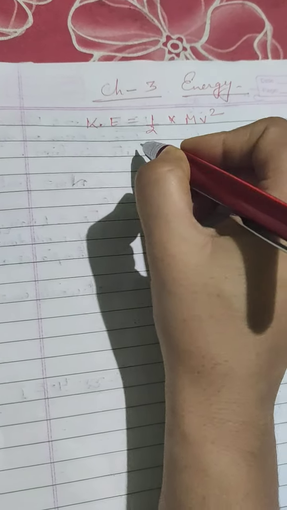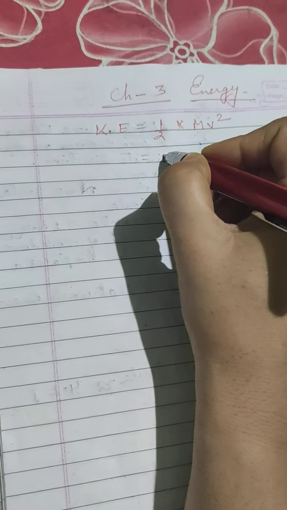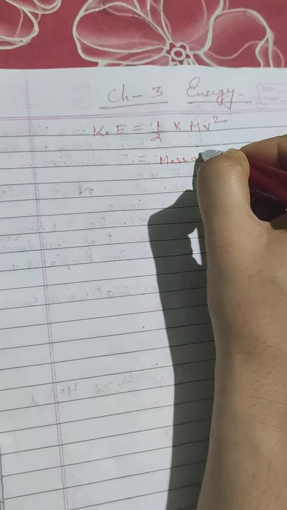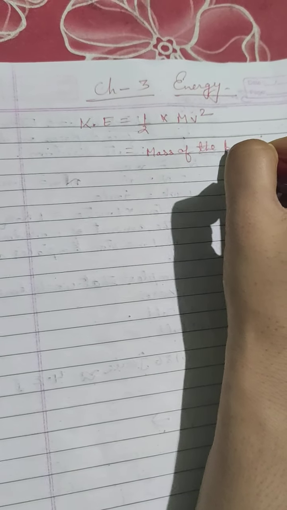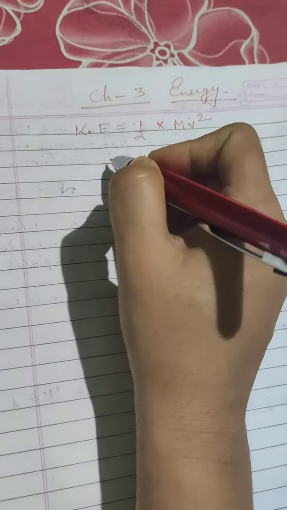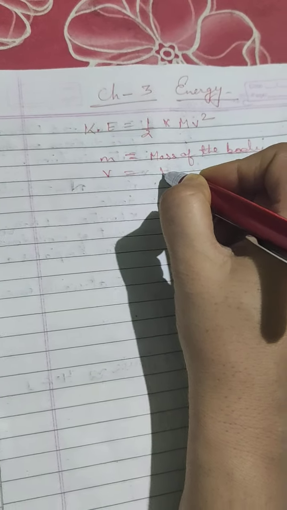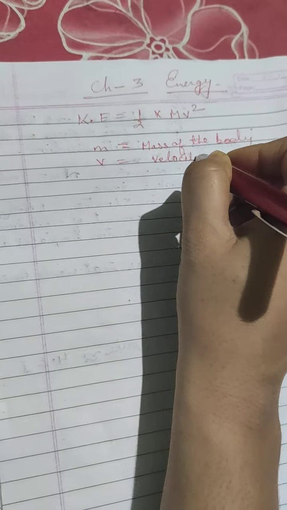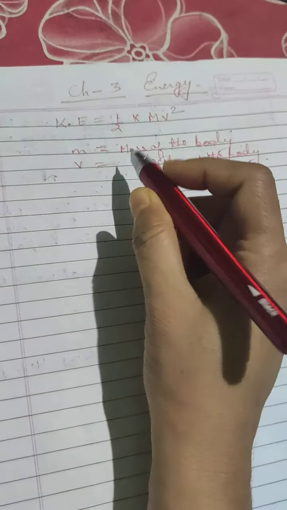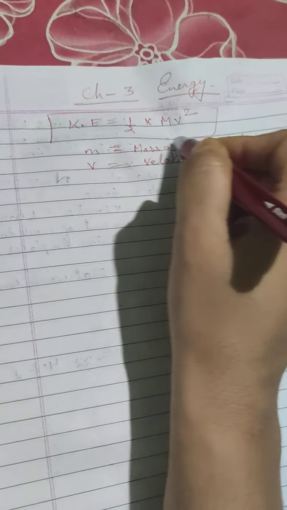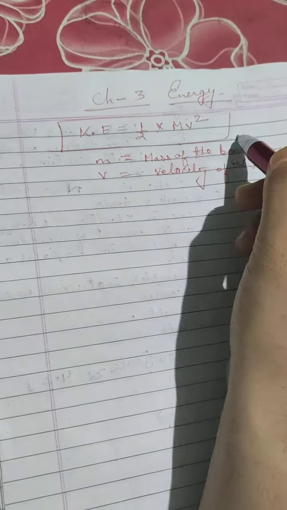What is m, children? m is the mass of the body. And what is v? v equal to velocity of the body. Okay, so in short you can write K equal to half into mv square.